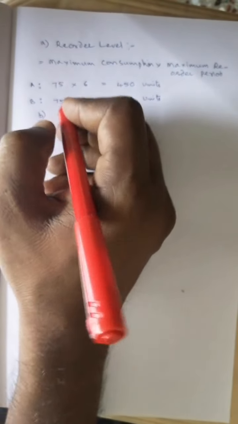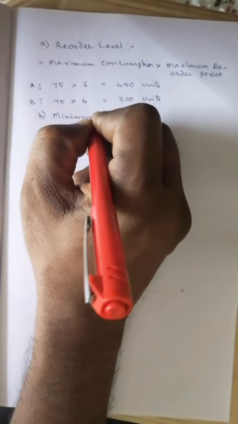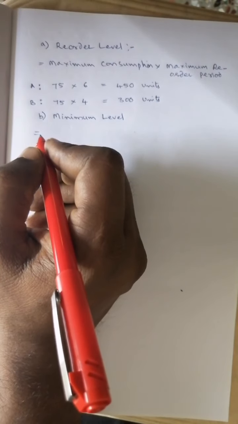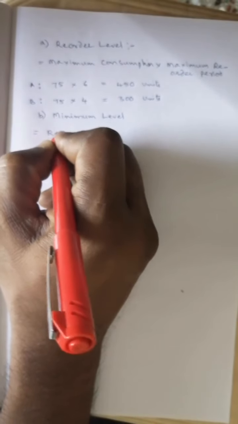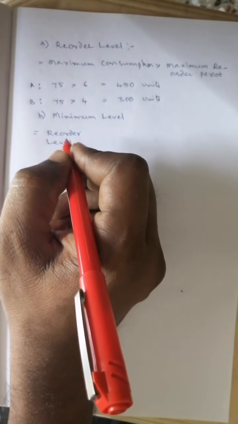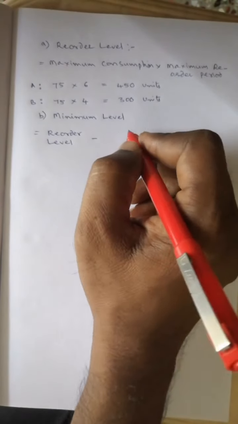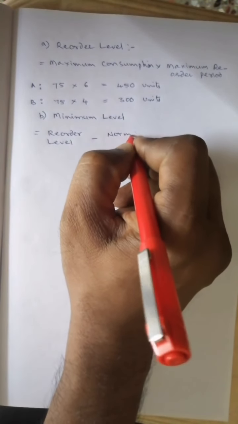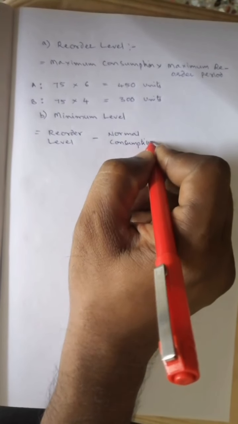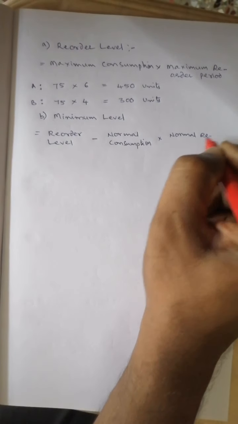Go to the next one, minimum stock level. The formula for minimum level is reorder level minus normal consumption multiplied with normal reorder period.